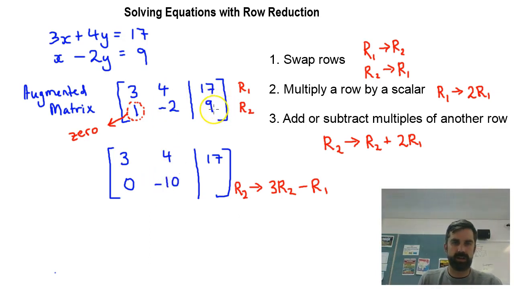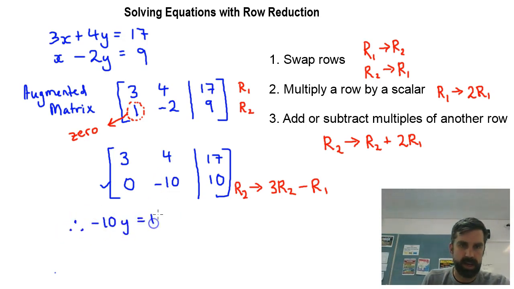And then I'm going to do 9 times 3, which is 27, take 17, which is 10. Okay, so now I've achieved my goal. This bottom left corner is 0. So I'm actually going to pull out this equation. From that, I can say that -10y equals 10. So I'm going back to where I got this from.